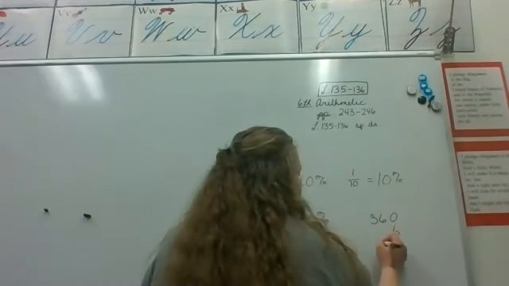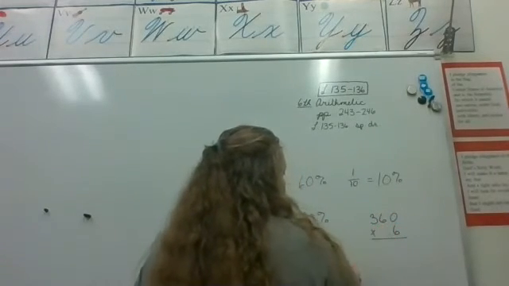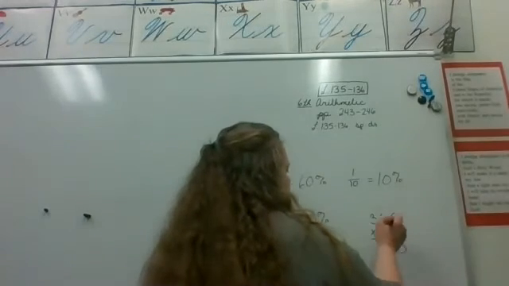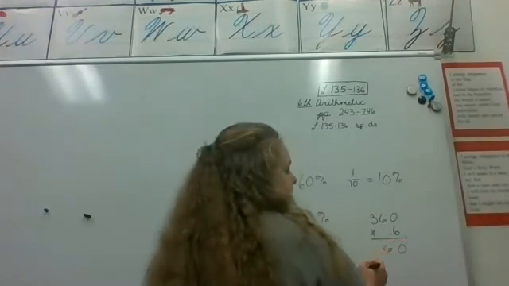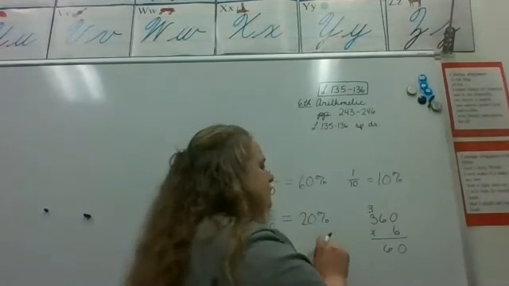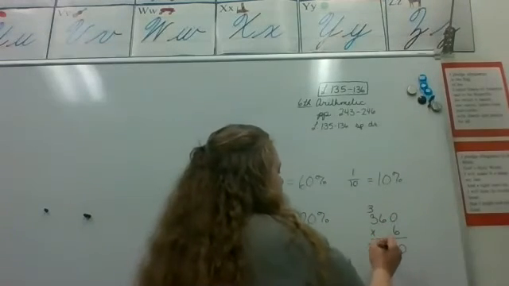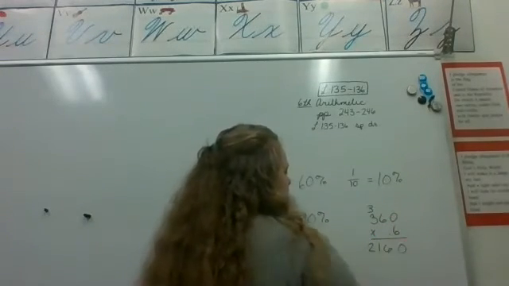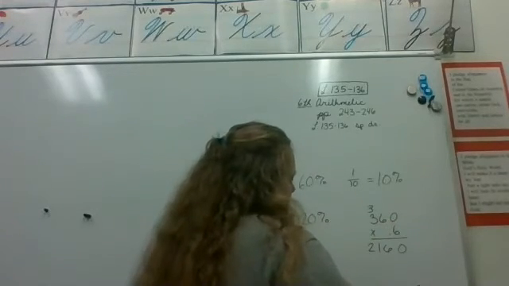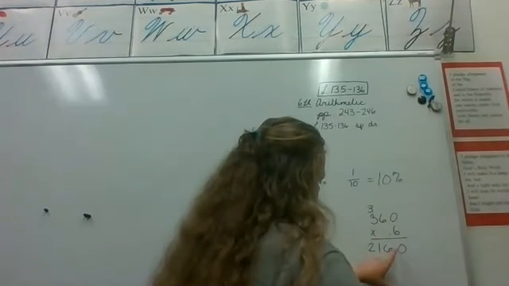And we can drop the 0 from the percent one, so you can do 0.6 times 360, and 6 times 6 is 36. 6 times 3 plus 3, 21. And we put our decimal. And we have something wrong.